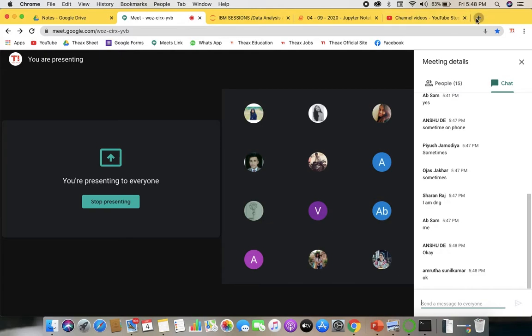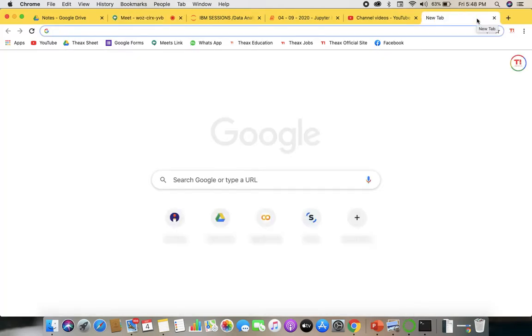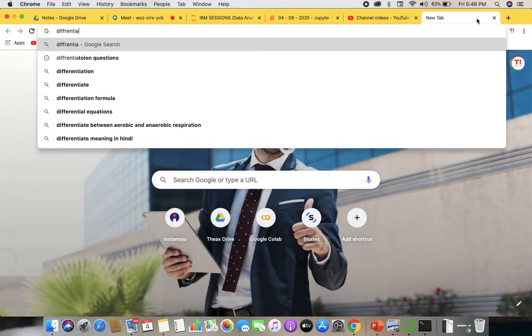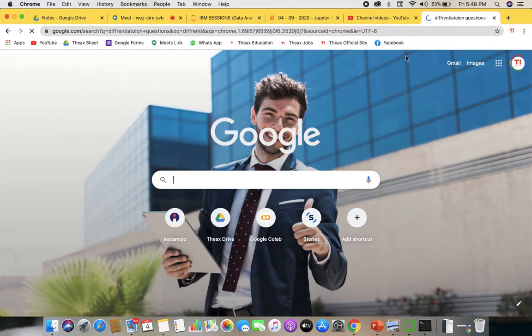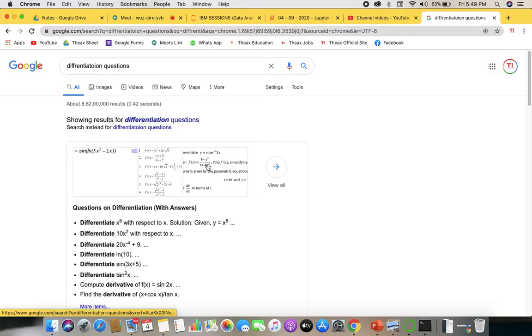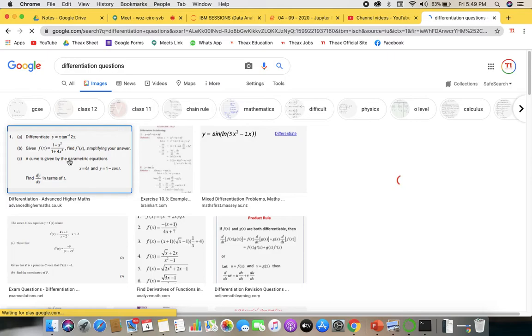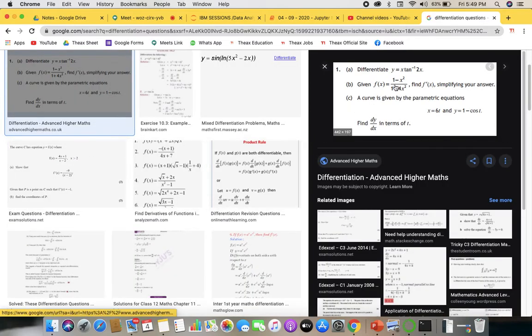Let's say I search for a differentiation question on the internet and get an equation: given f of x equals 1 minus x square by 1 plus 4x square.